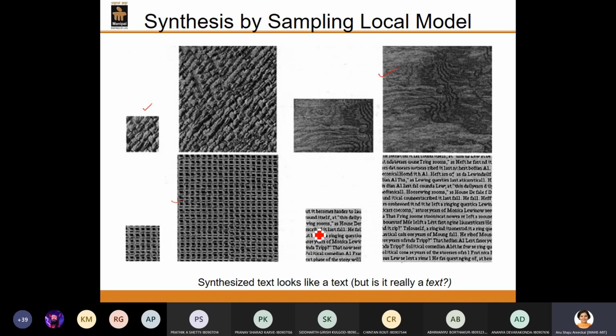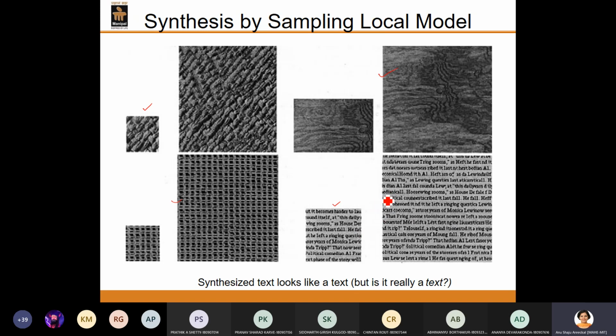Now, if you look at this particular example, the example image which is given to us is basically a text image, right? If you're using a text image to be synthesized using the sampling local model, this is one example of how the output looks.